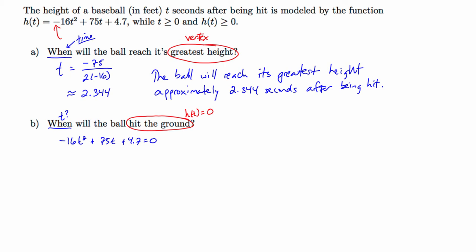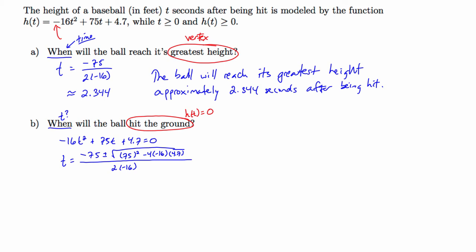So to set up the quadratic formula, we will begin with t equals, and typically we would say the opposite of b plus or minus the square root of b squared minus 4ac all over 2a. So in our particular example, this becomes the opposite of 75 plus or minus the square root of 75 squared minus 4 times negative 16 times 4.7, all over 2 times negative 16.